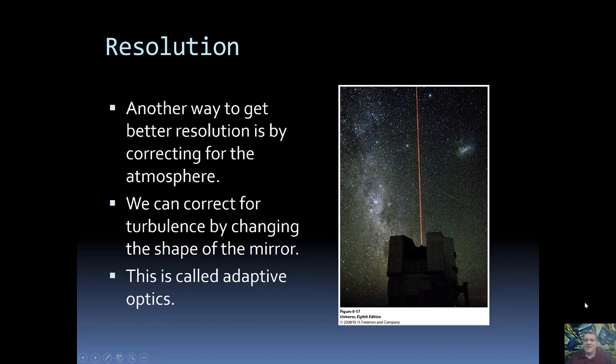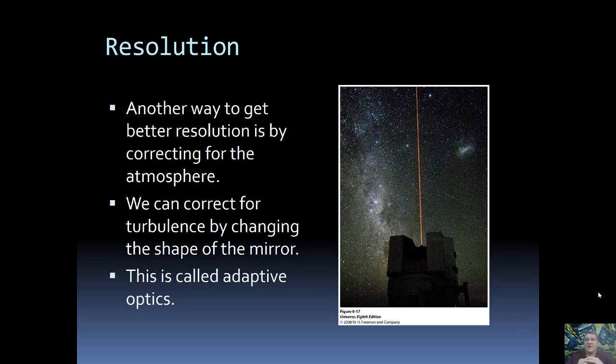The idea is that we produce our own spot of light in the sky using very powerful lasers. Now, because we made it, we know exactly what it should look like. So we bend and flex our mirror until that light source that we made is the exact right shape.